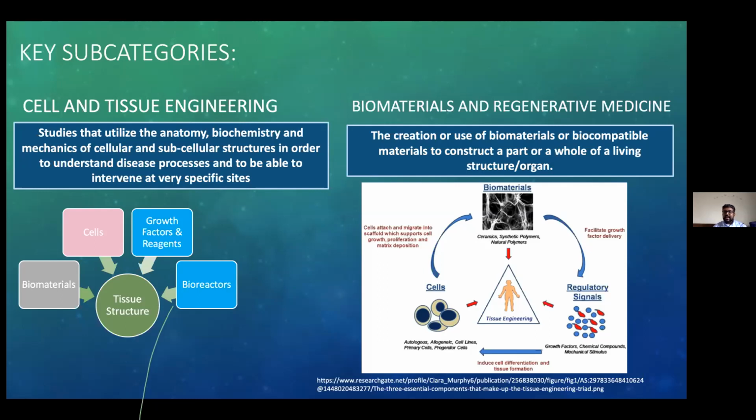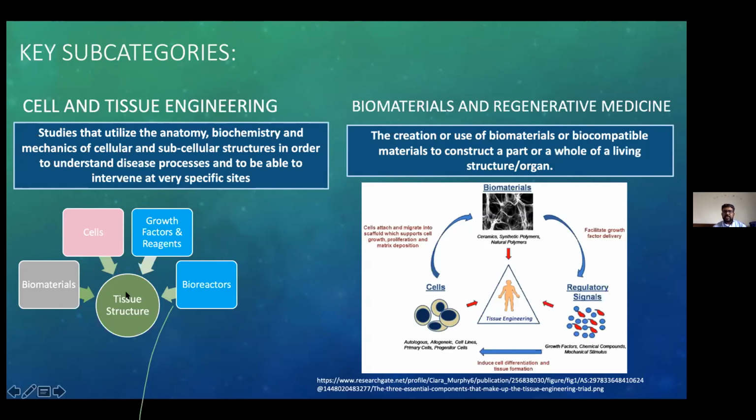Into that mesh or scaffold you can implant cells, and then you feed those cells with the right growth factors and reagents. If you do this process right and take really good care of things, avoid contamination, avoid bacterial infection, then eventually you would be able to grow an organ, right?